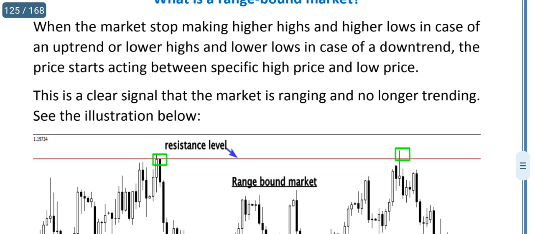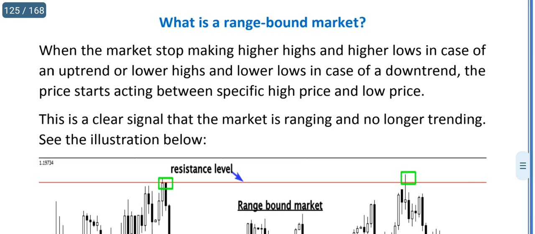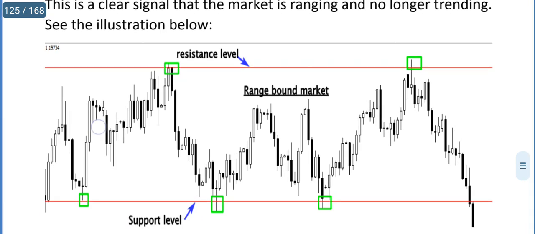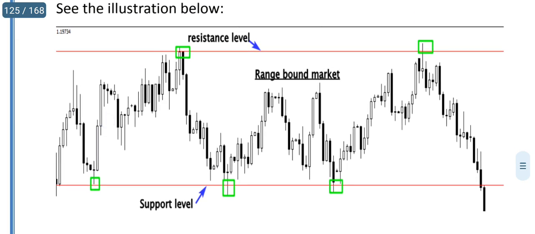And here we can see that when a market stops making higher highs and higher lows in case of an uptrend, or lower highs and lower lows in case of a downtrend, the price starts acting between specific high prices and specific low prices, and at that point it is a clear signal that the market is in a ranging motion and no longer trending. This can be observed in the illustration that we are seeing here right now.